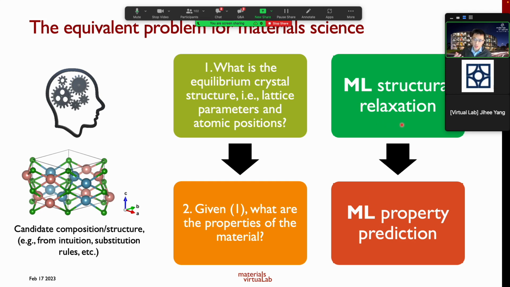Now, if you have to do DFT to get the structure in the first place, you are really not saving a lot of effort. It's just about as expensive to run a DFT relaxation as it is to just compute the energy, right? In fact, it's actually a higher computational cost to do the DFT relaxation. So this critical step actually needs to be accelerated.